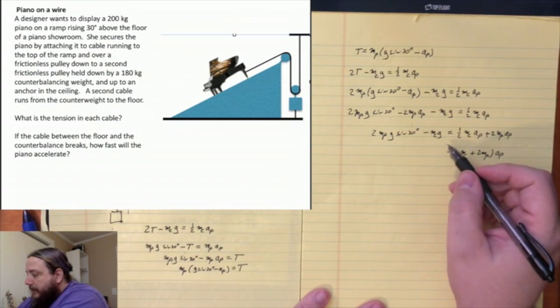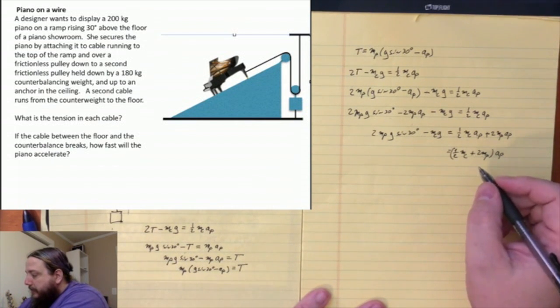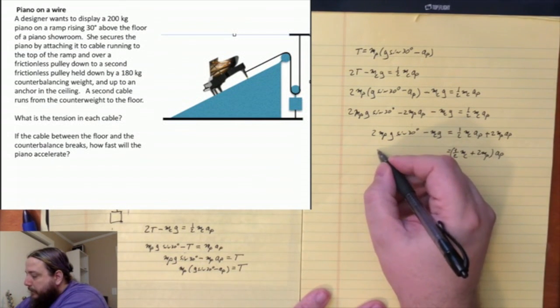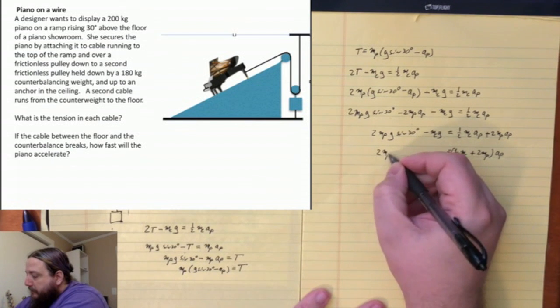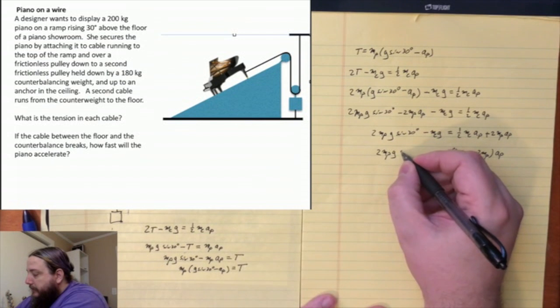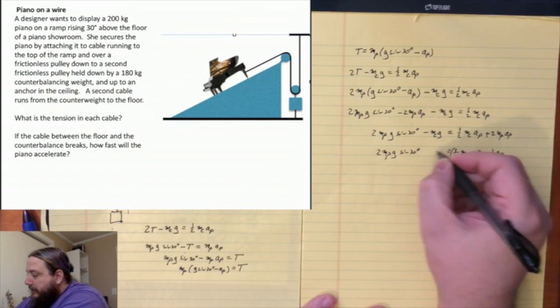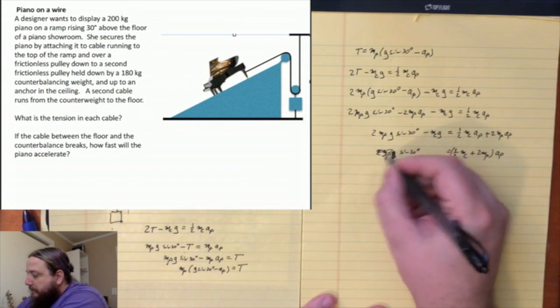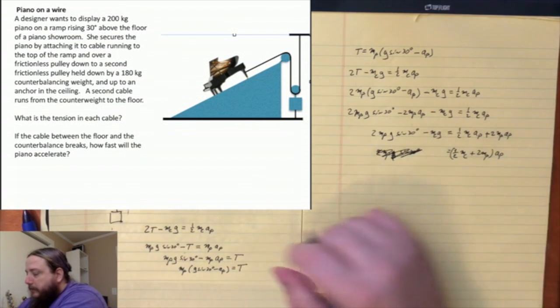So 1/2 mass of the counterweight plus twice the mass of the piano times the acceleration of the piano equals, well, we can factor out the g. You know what, we'll just leave it there.